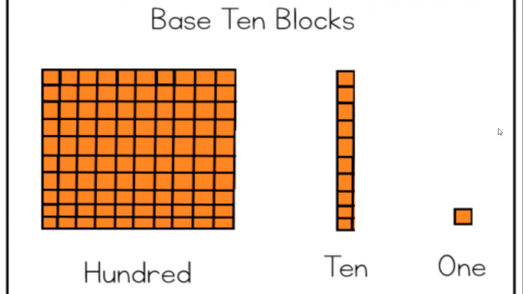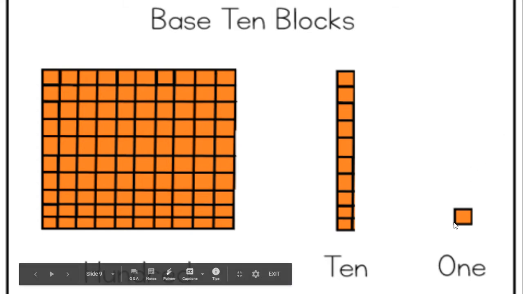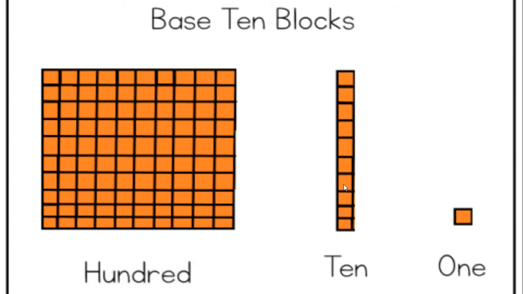We're also going to be looking and using base 10 blocks. So one little block by itself represents 1. 10 blocks, like this row lined up here, is 10. And if you count them, 1, 2, 3, 4, 5, 6, 7, 8, 9, 10.